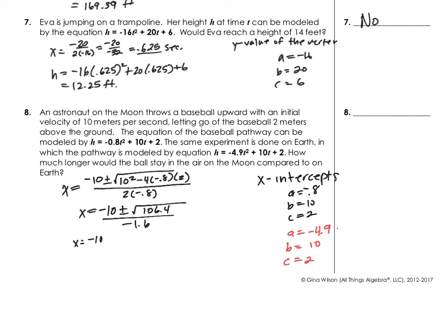So x equals negative 10 plus 10.315 divided by negative 1.6. And x equals negative 10 minus 10.315 divided by negative 1.6. And in the first one, if you do that, you get 0.315 divided by negative 1.6, which is a negative.